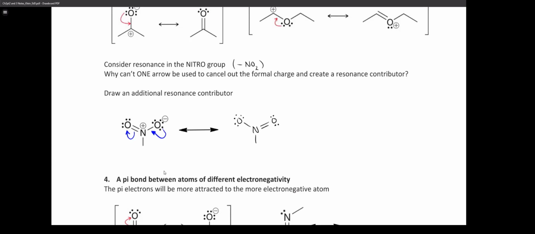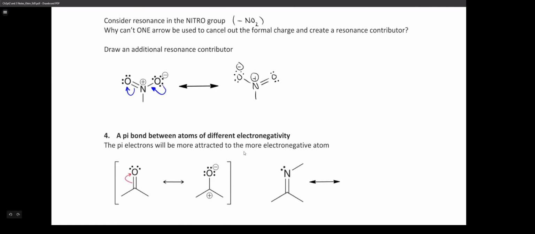And formal charges? Minus on this oxygen and positive on this nitrogen. They are equivalent, right? Because if you flipped it over on its side, it would look exactly the same. But don't say there's only one resonance. These are two separate resonance structures. They just happen to be equivalent.